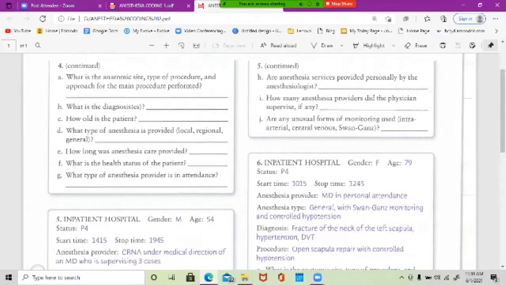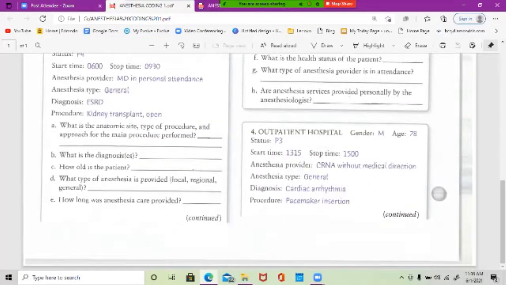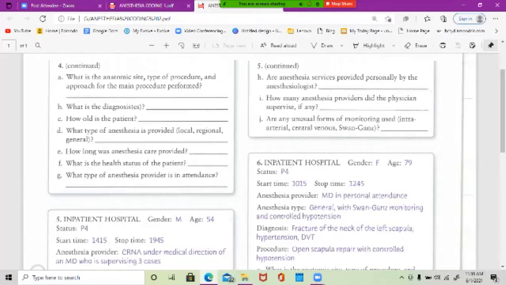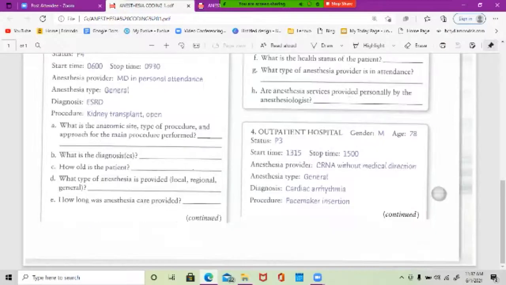Okay. What type of anesthesia is provided? Local, regional, general? Miss Rhonda. General. Very nice. Okay, how long was anesthesia care provided, Jada? An hour and 45 minutes.